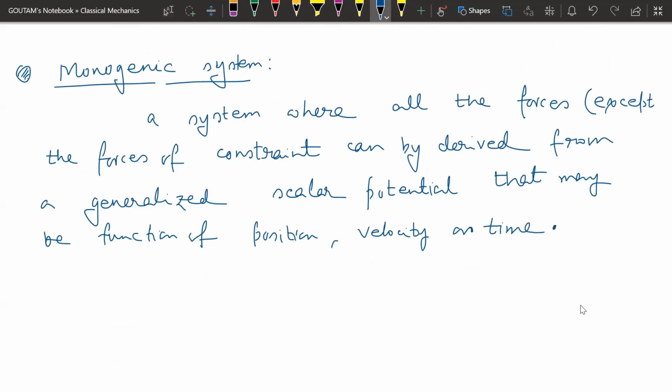So the potential, the scalar potential, can be a function of anything like position, velocity, or time. It can be a function of anything.